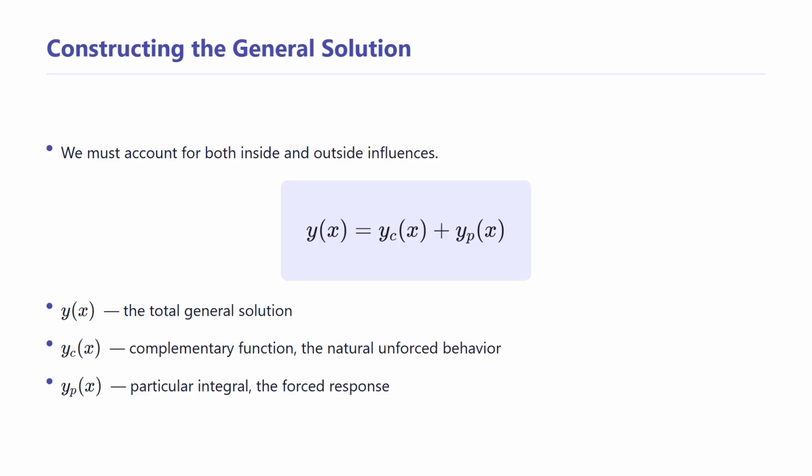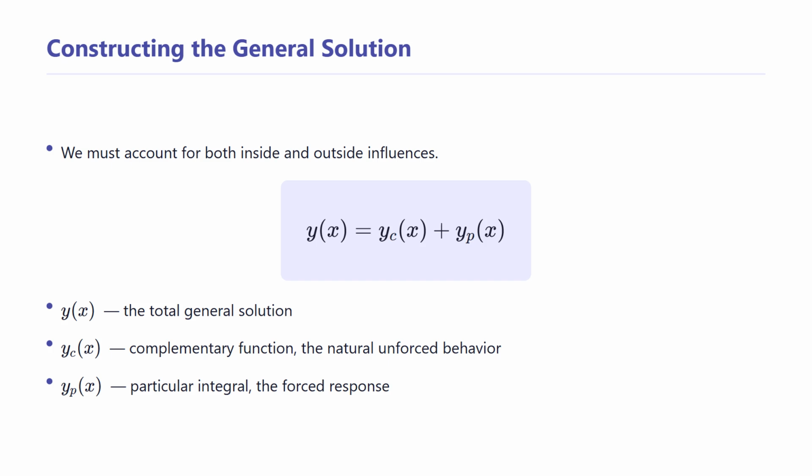To solve this equation, we cannot just find one single piece of the puzzle. We must construct a general solution that accounts for both the inside and the outside of the system. This formula tells us exactly how to build that complete answer. The total solution, y of x, is made of two parts. The first part is y sub c, called the complementary function.